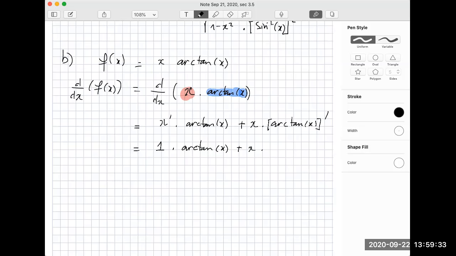And recently, we proved that the tan inverse derivative is 1 over x squared plus 1, right? Okay. Now, what do we have in the end? A number times arctan will be arctan, right?